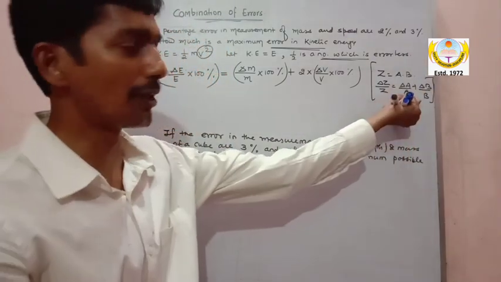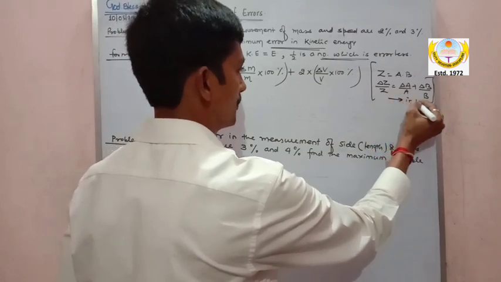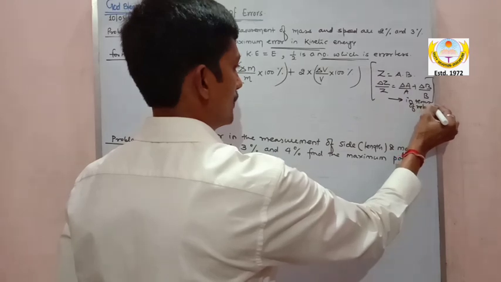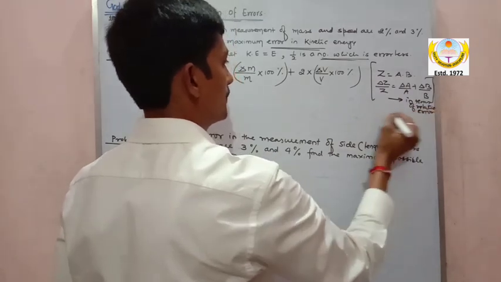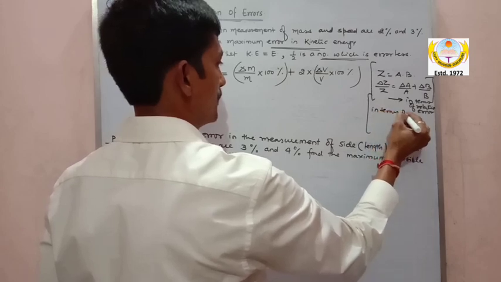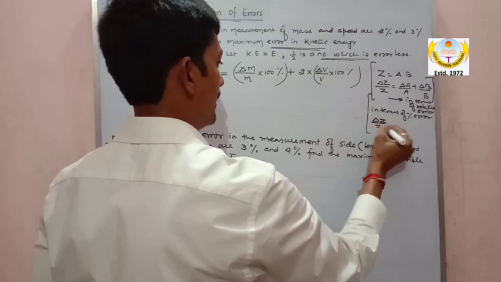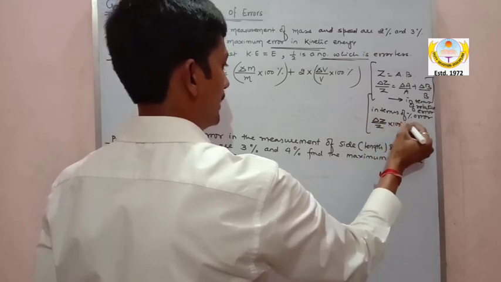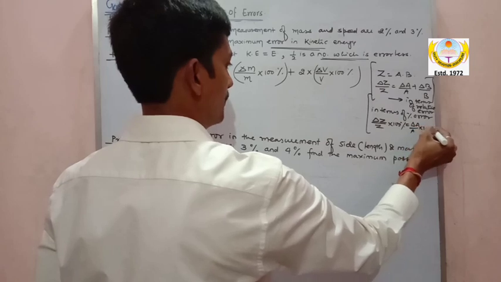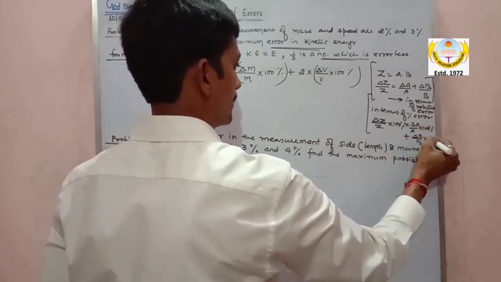But this is in terms of relative error. In terms of percentage error, delta Z by Z into 100% is equal to delta A by A into 100% plus delta B by B into 100%.